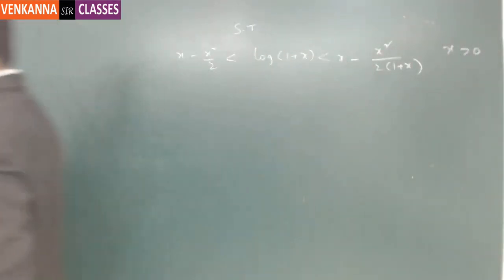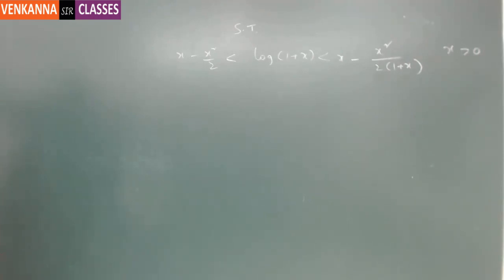This is the inequality we are going to prove: x minus x square by 2 is less than log of 1 plus x, which is less than x minus x square by 2 into 1 plus x.